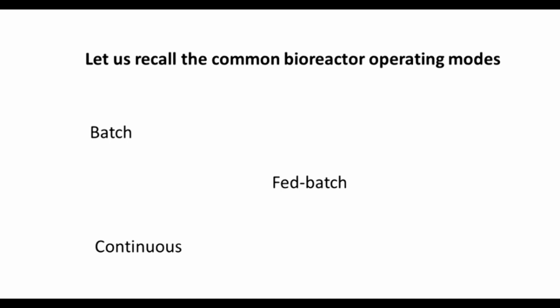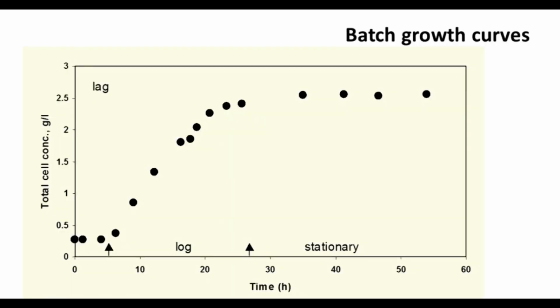In this lecture, let us focus on the batch bioreactor. The batch bioreactor we are first taking up because it is a very common mode of operation, especially in the industries. It's very powerful that way, simple but powerful. It is easy to operate compared to the other modes, and that is one of the reasons why it is preferred in the industry, the batch mode of operation.